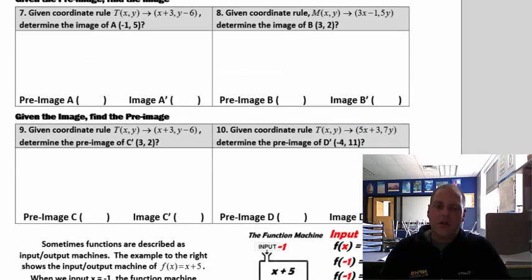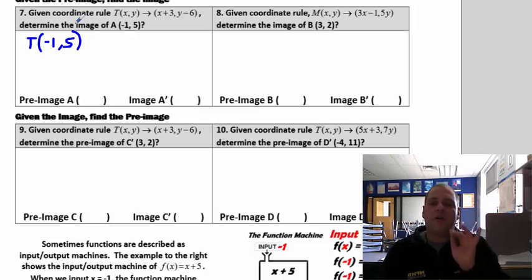So here's the rule, and here are a few examples we'll run through. Given this coordinate rule T, the one we were just talking about, determine the image of A, which starts at (-1, 5). So we're going to go T of (-1, 5). It's not just x, there's an x and a y. That's the point we start with, (-1, 5).